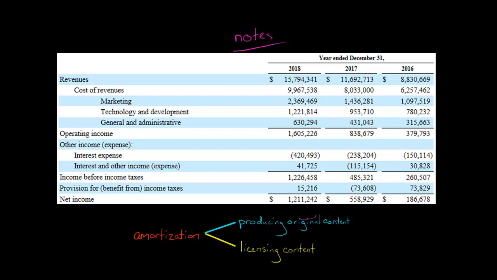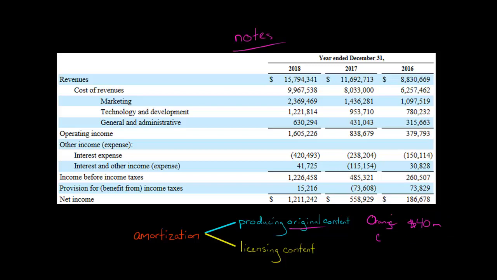Number one relates to producing original content. If you are a subscriber to Netflix, you know that they come up with shows like Orange is the New Black. So when they come up with these unique shows, that's their own original content, that costs a lot of money. So if they pay $40 million to produce this show, they don't expense it all in the current period. They expense it over time.